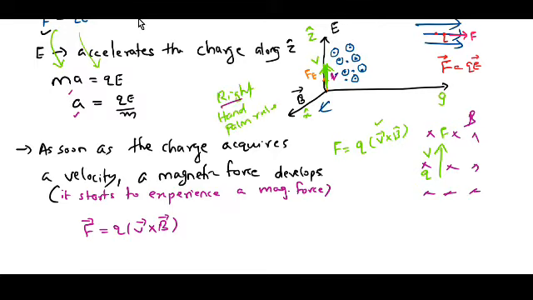This right hand palm rule I explained in the previous lecture. You can use either the right hand palm rule or Fleming's left hand rule to find the direction of the magnetic force experienced by the charged particle in the magnetic field B. If you apply the right hand palm rule, the magnetic field is coming out of the page.